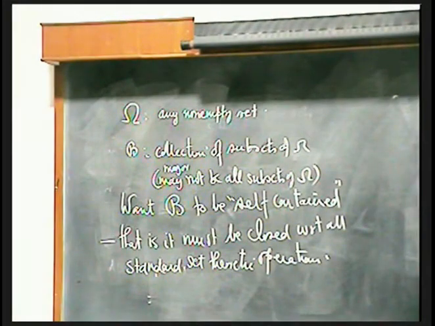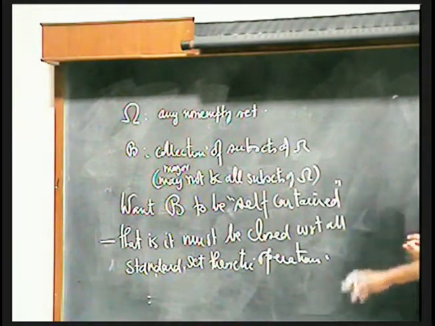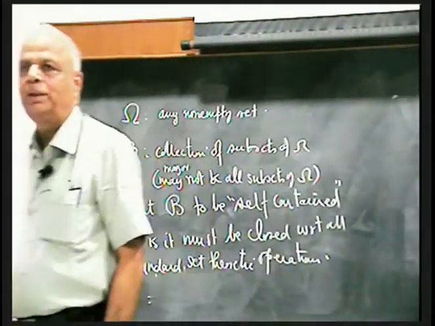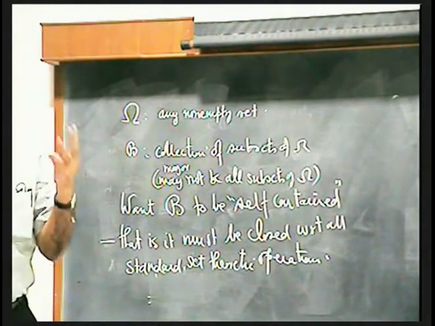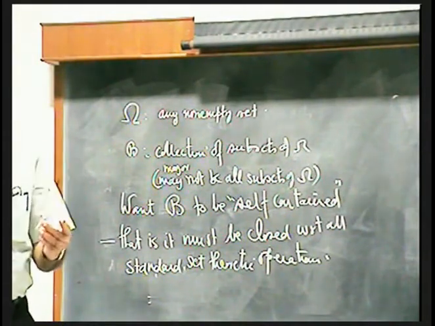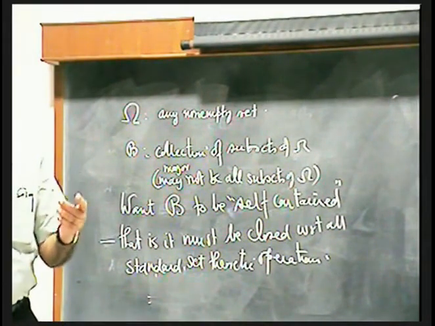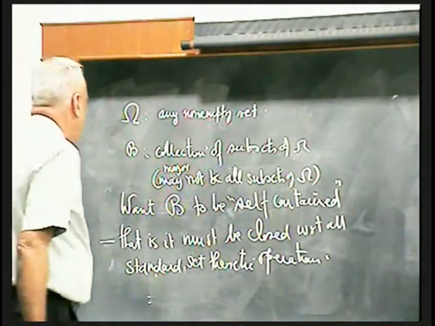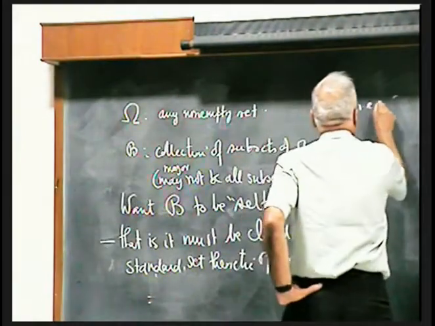So it must be closed under complementation, countable union, countable intersection, and set theoretic difference. If I take a set and pull out a portion of that from another set in B, the remaining must also be there, and so on. The standard operations are complementation, countable intersection, countable union, set theoretic difference, symmetric difference, and so on.